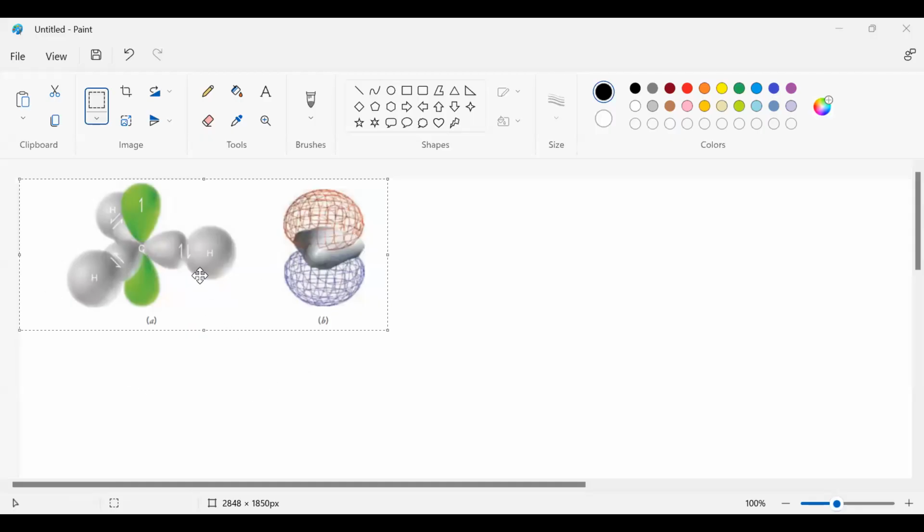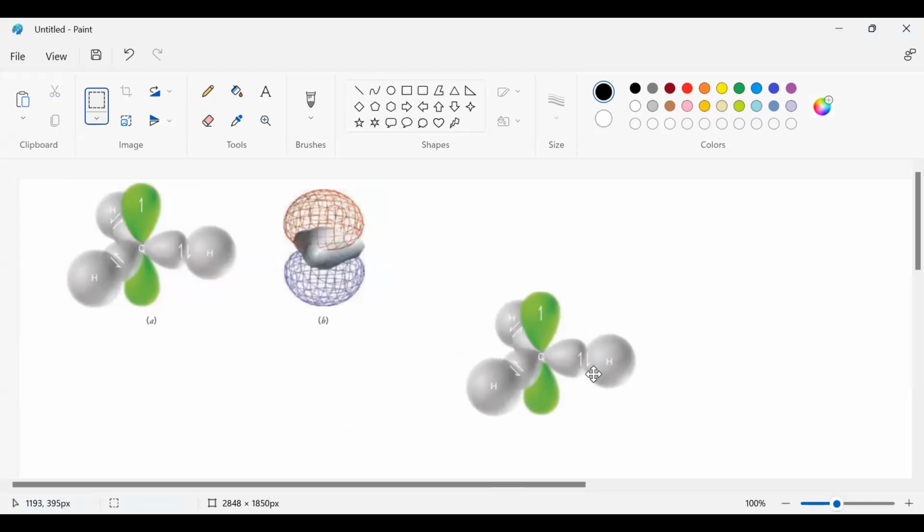Now I just want to illustrate what happens with a radical where, instead of hydrogen here, we have a carbon.